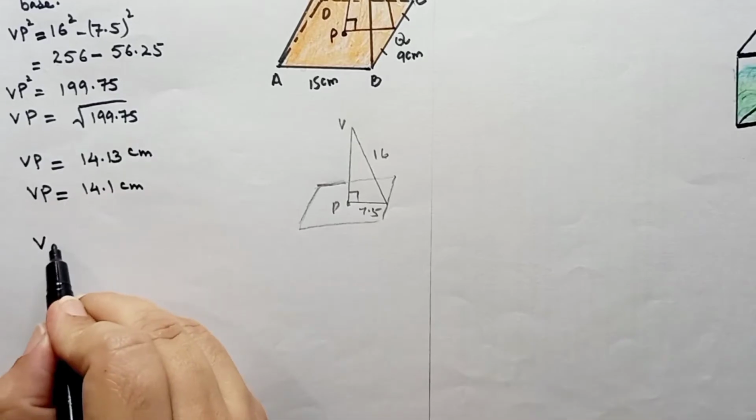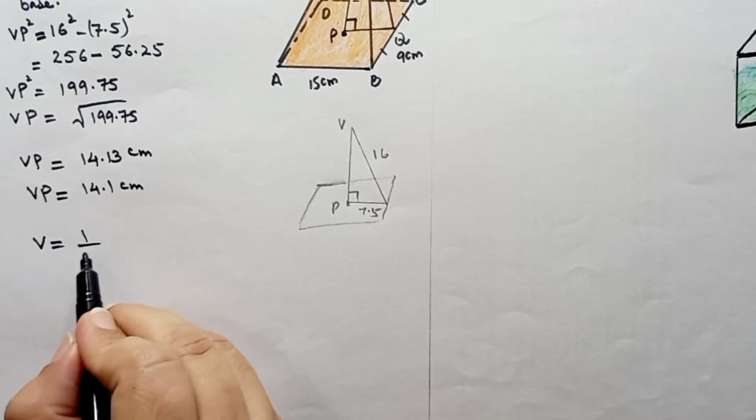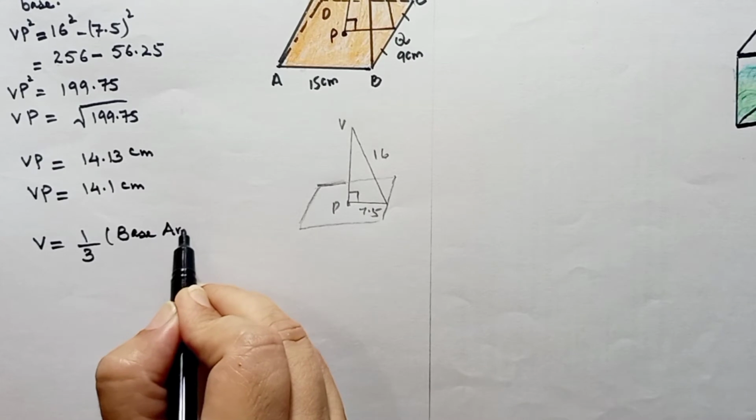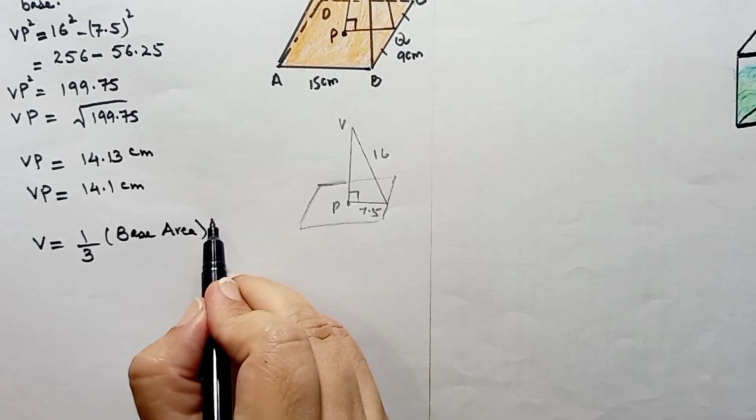Volume equals 1 by 3 into base area multiplied by height.